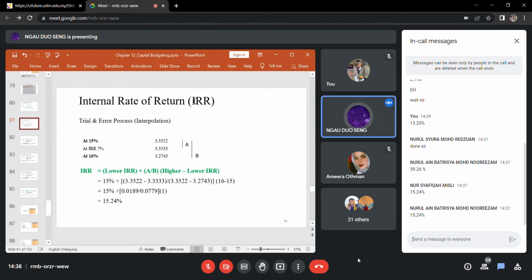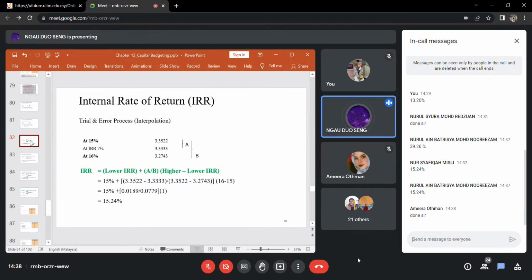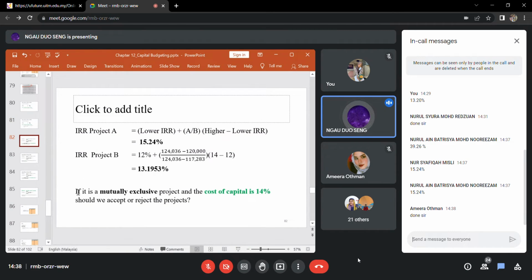Done copy. All right, next, if it is a mutually exclusive project and the cost of capital is 14%, should we accept or reject the project?